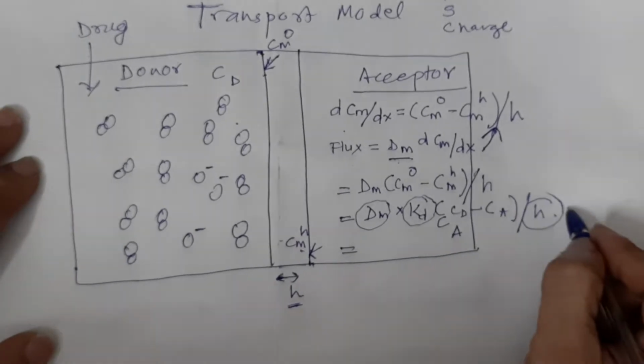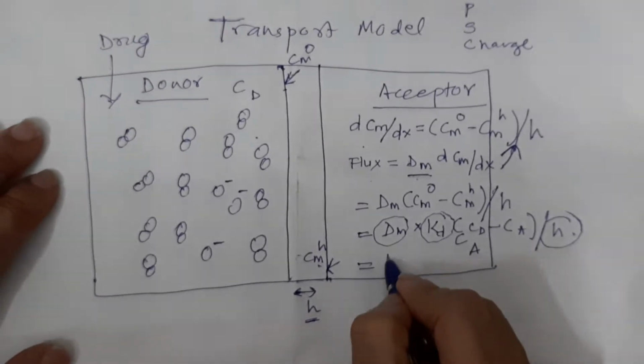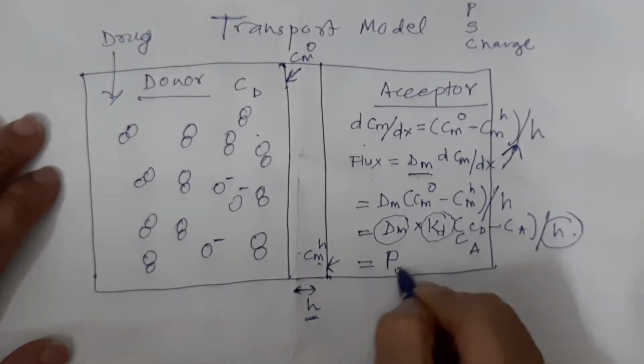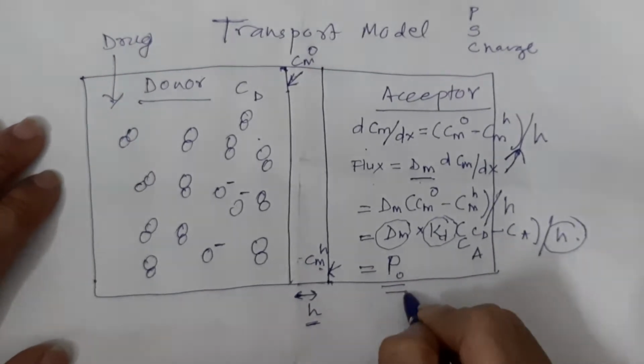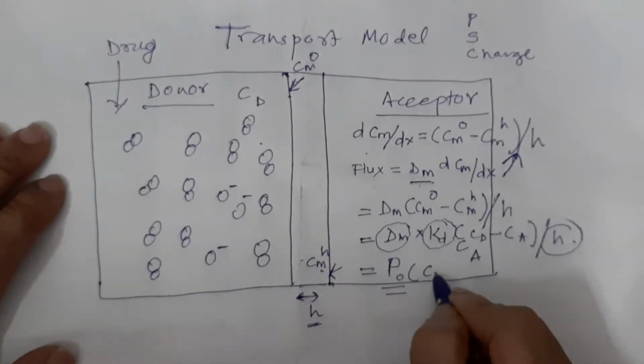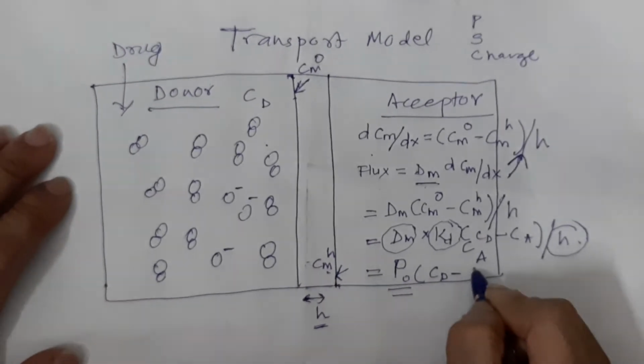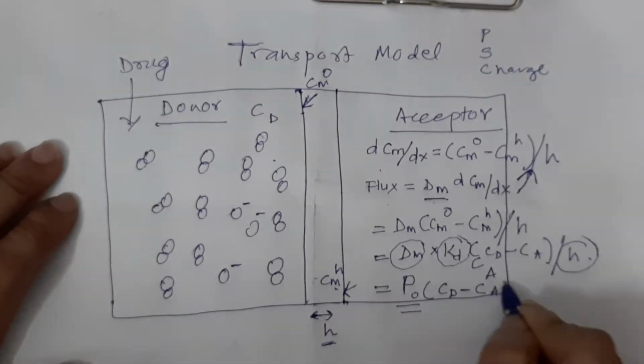Instead of all these three constants, if we use the term permeability of a drug, a single constant, multiplied by the concentration difference of the drug in the donor compartment minus the concentration of the drug in the acceptor compartment.